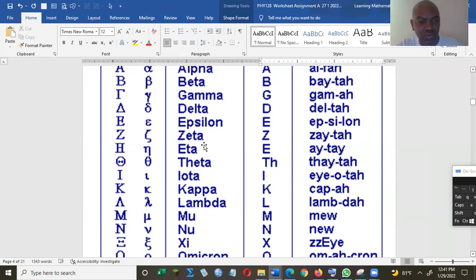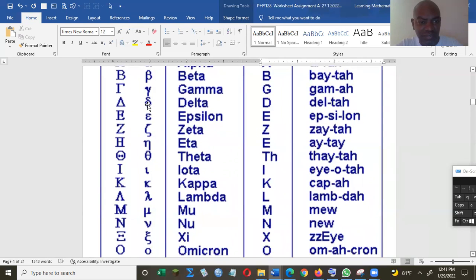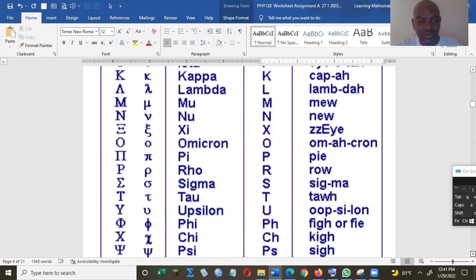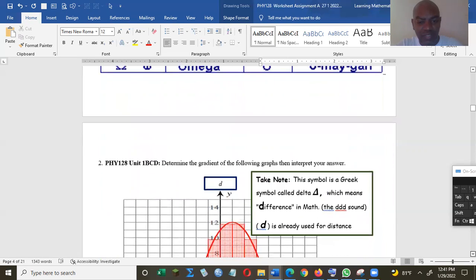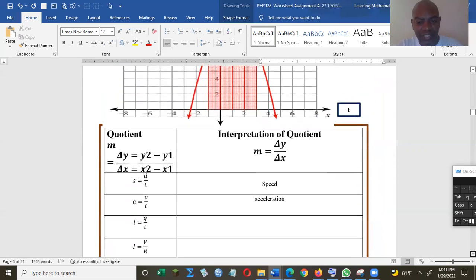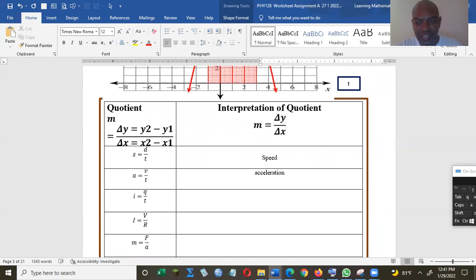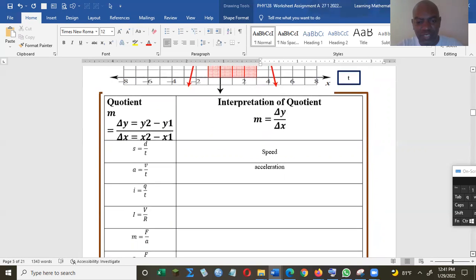Small delta is also used for a small difference, and capital delta for difference generally. If you see delta anywhere in physics, just know it denotes a difference, which is a subtraction. So delta y over delta x will give us the gradient: y2 minus y1 over x2 minus x1.